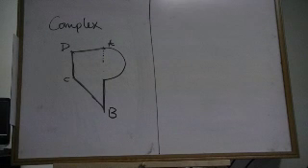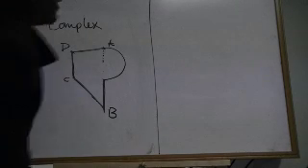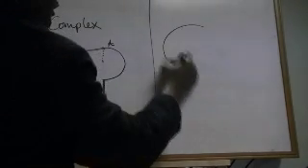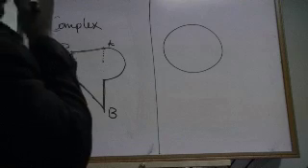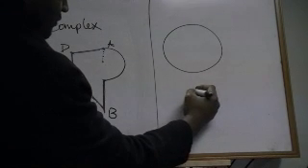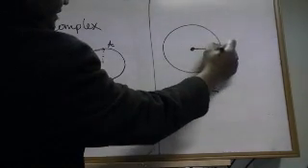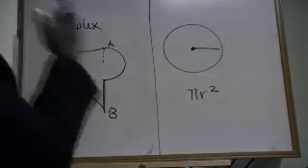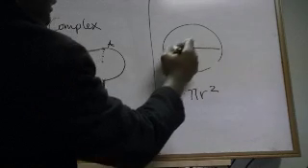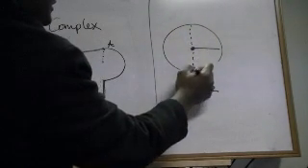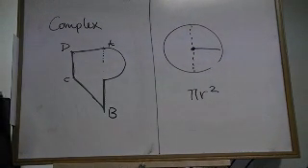Now, like I said, before we start to talk about that, we have to do a quick refresher on circles. Area of a circle is pi times the radius squared. You know the radius is the distance from the center to any point on the circle. The diameter is the distance all the way across.